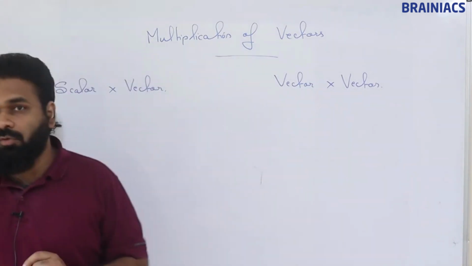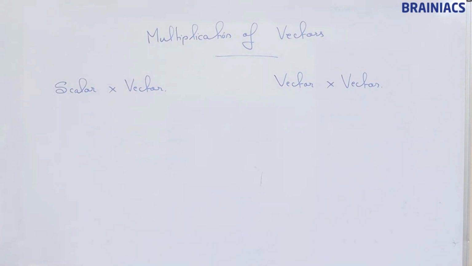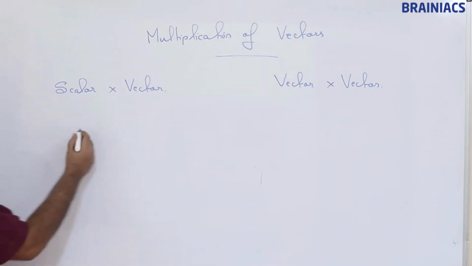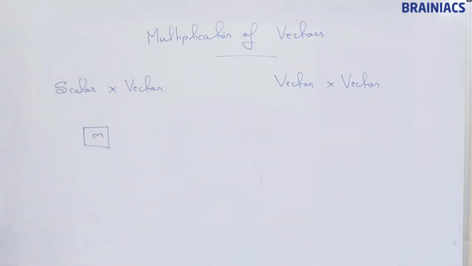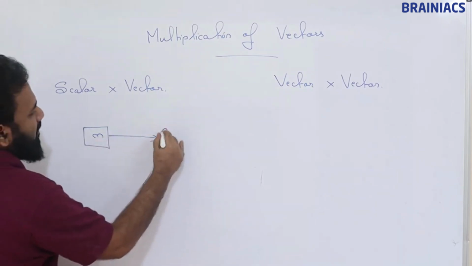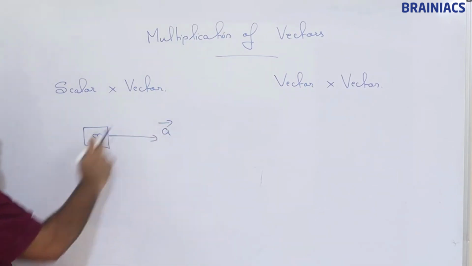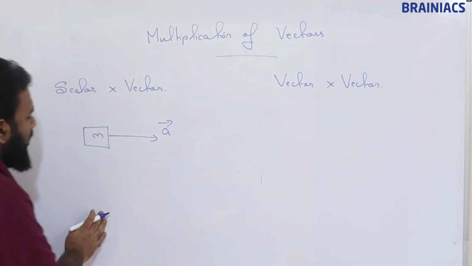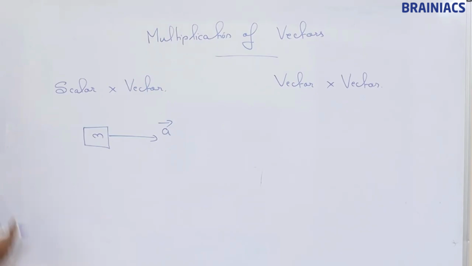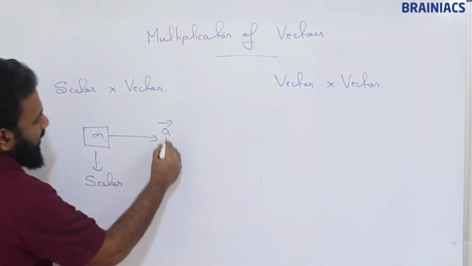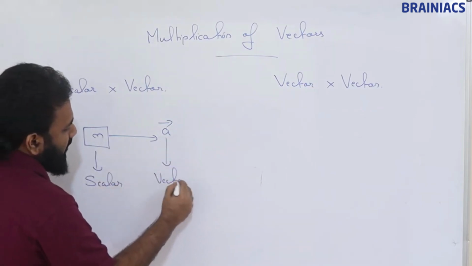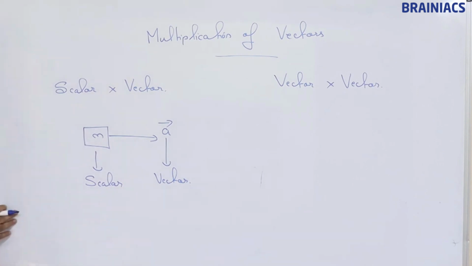If we happen to multiply a scalar with a vector, just like mass, a mass which is moving with some acceleration, and we all know acceleration is a vector. So when we do mass into acceleration, mass is a scalar, mass doesn't have any direction, and acceleration is a vector. If we multiply mass into acceleration, what we get?